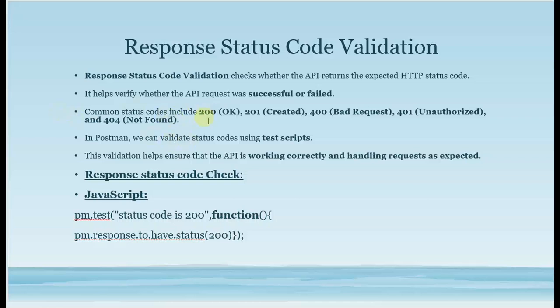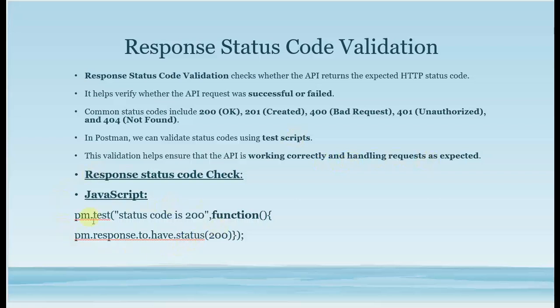Common status codes include 200 OK, 201 Created, 400 Bad Request, 401 Unauthorized, and 404 Not Found. In Postman, we can validate the status code using test scripts. This validation helps ensure that the API is working correctly and handling requests as expected.